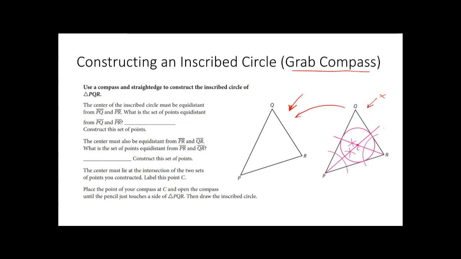So everything in pink on the right, that's something you're going to do, and I'm going to explain how to do it. So first things first, I want you to pick two vertices. In this example, they picked P and R. And you're going to draw basically an arc angle.